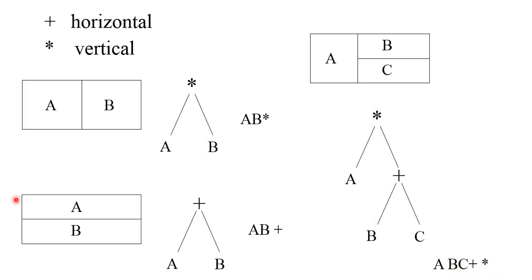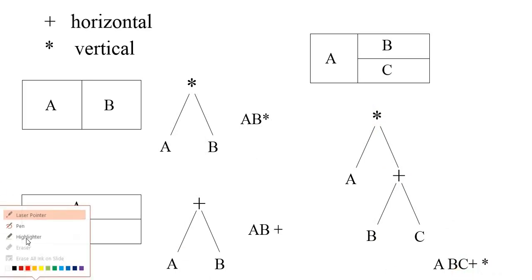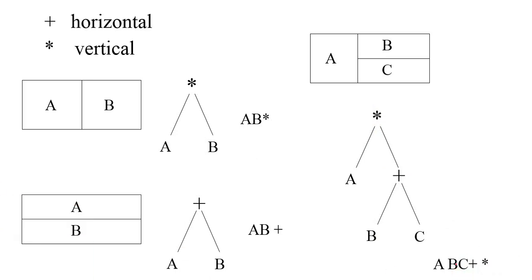That means this total entire thing is one part, the first part. After that, A is vertical, and A vertical means a star symbol. So like that we can represent our data.